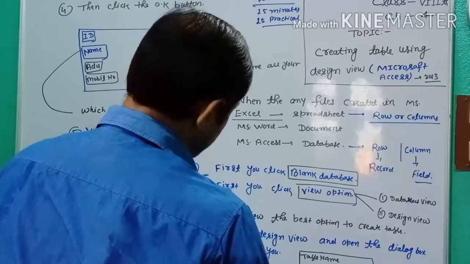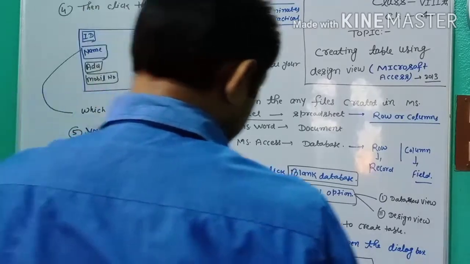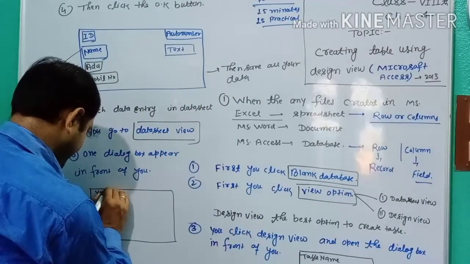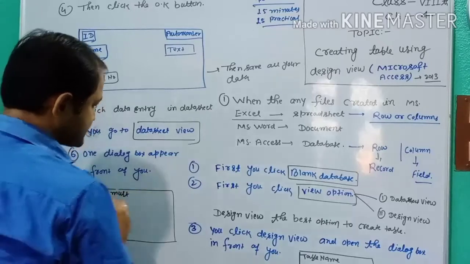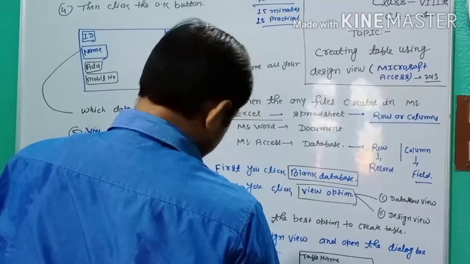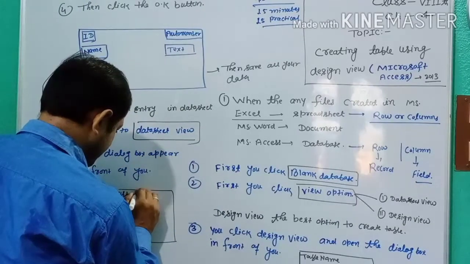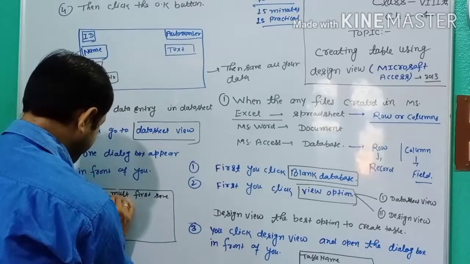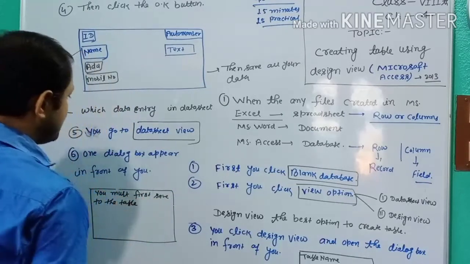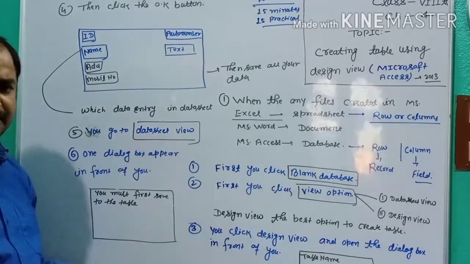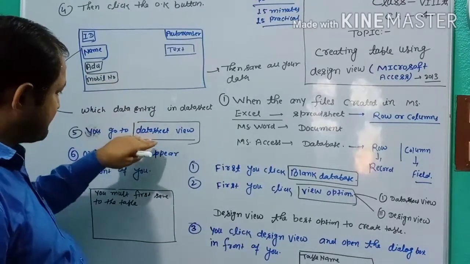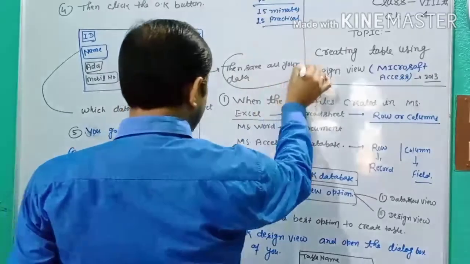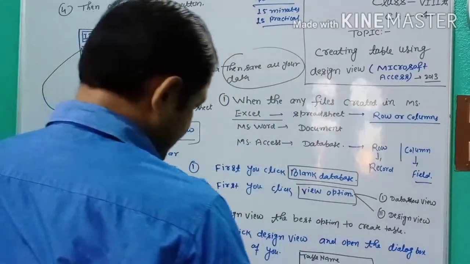First of all, this dialog box is related to saving: you must first save the table. Before you go to the data sheet view, you must first save this data.